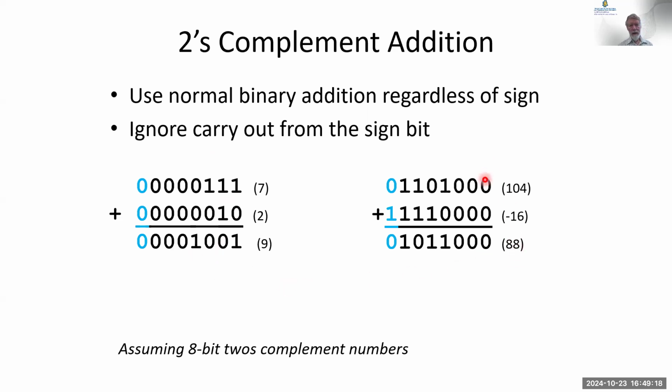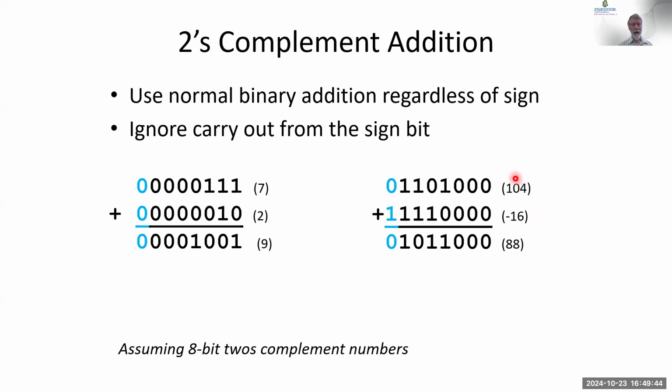Here it is. For these, there's a negative number, which, by the way, if you wanted to subtract, you just have to take the second number, convert it to negative, and then add it. Then 1 plus 0 is a 1. 0 plus 1 is a 1. 1 plus 1 is a 0, carry the 1. 1, 1, 1 is 3. 1, carry the 1. 1 plus 1 is 0.